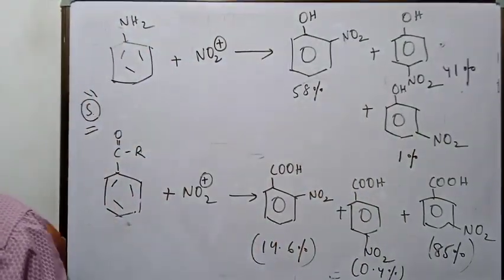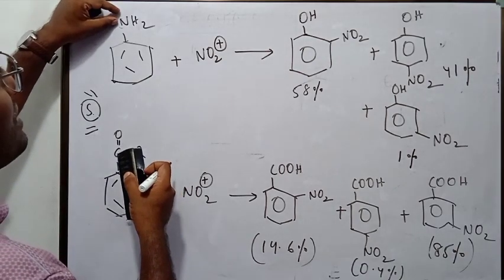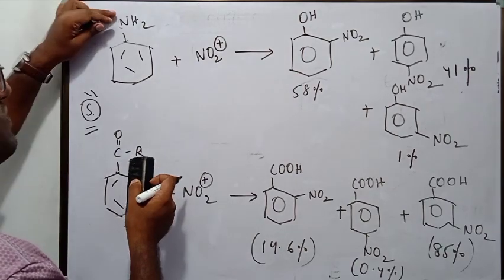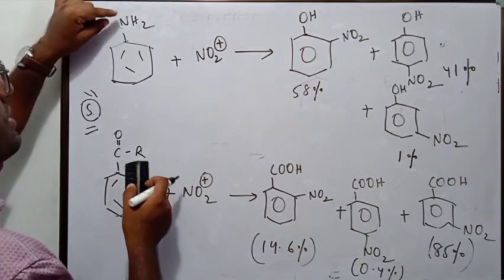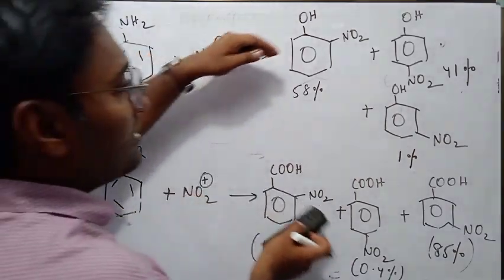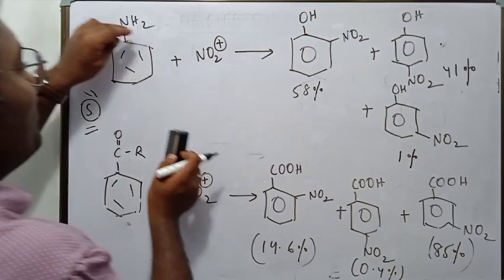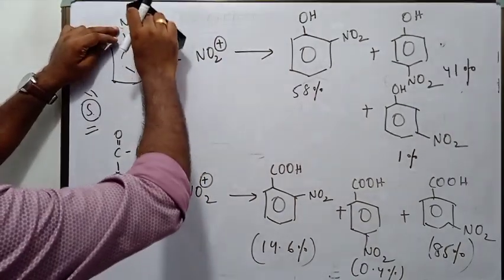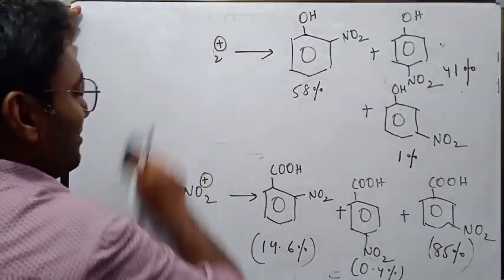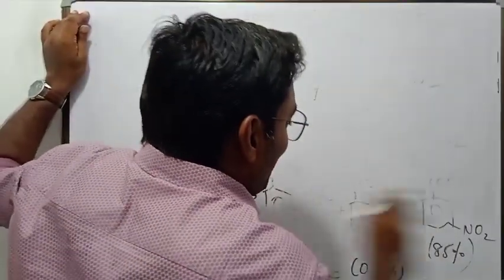So we conducted a lot of experiments using different primary substituents and we observed the major products that are formed, and accordingly we have seen that primary substituents can be divided into two classes. What are those two classes?